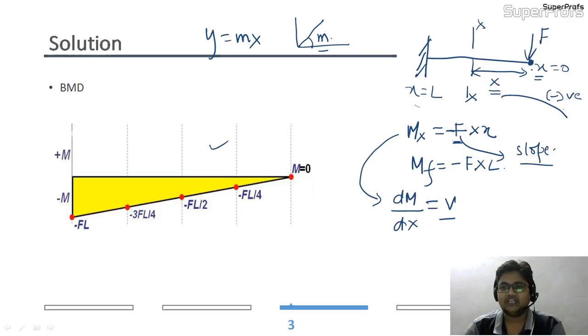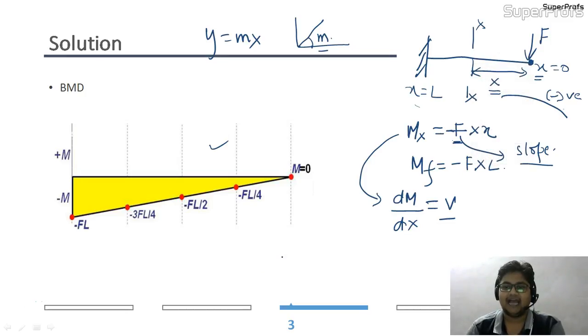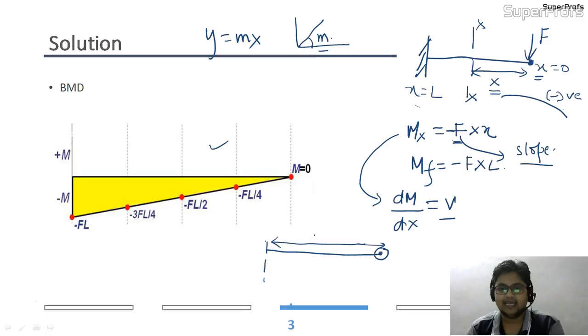Now we will try to draw a straight line from this point, as we have considered our origin here, and we will get the bending moment diagram. This was the reference line that we had drawn earlier. This is the origin, and this is the length up to which we have to draw it, that is, up to length L. So from x equal to 0 to x equal to L, we have to draw the bending moment diagram.